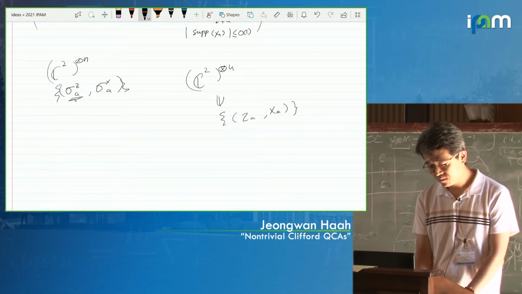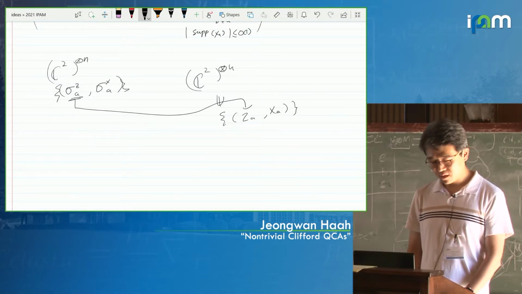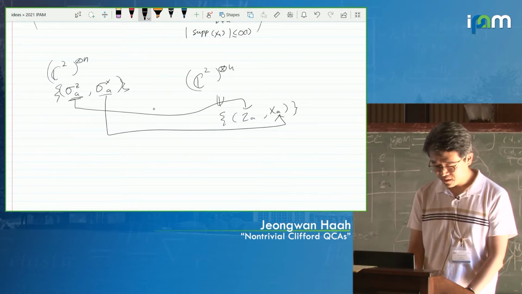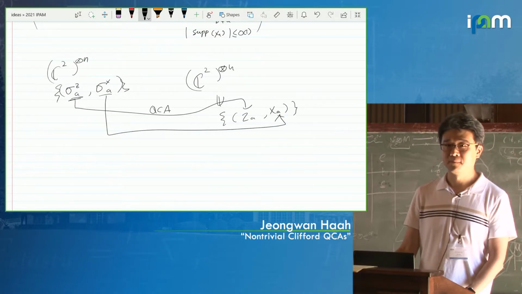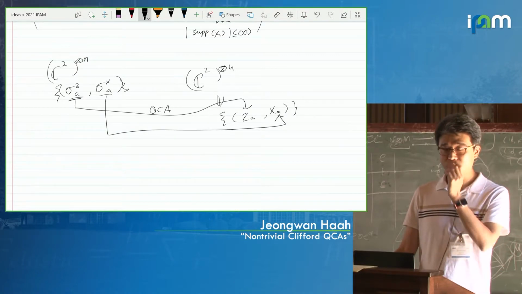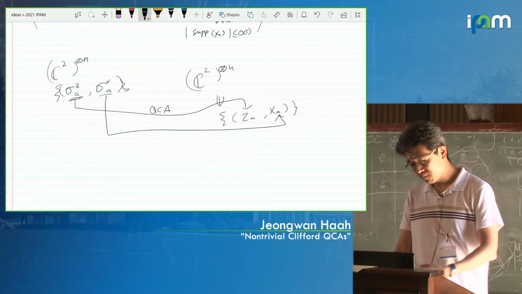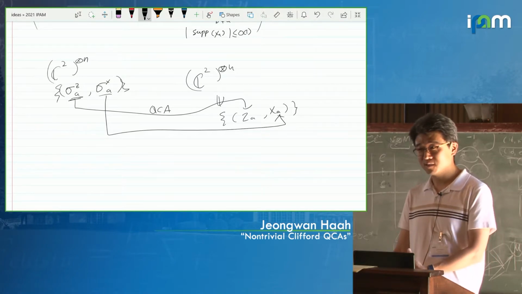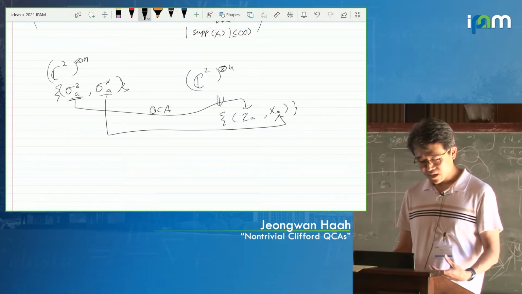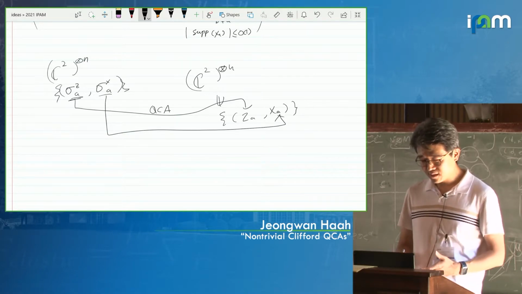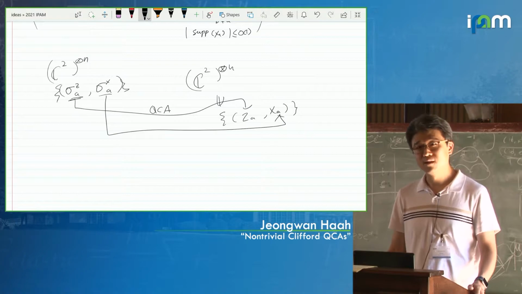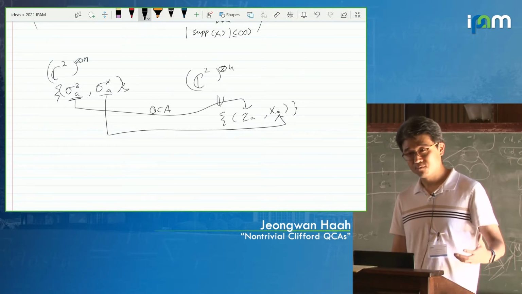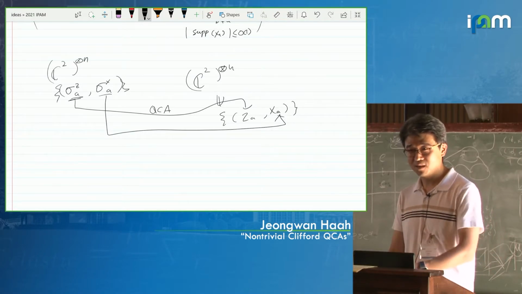If I map each Pauli Z into an element of the separator and Pauli X to the flipper, then this map is an automorphism. Why? Well, everything is mapped to something, and due to the commutation relation, this map has to be injective. And I didn't say, but you extend this mapping by linearity to all possible combinations of operators. But an injective map from a simple algebra has to be an automorphism.